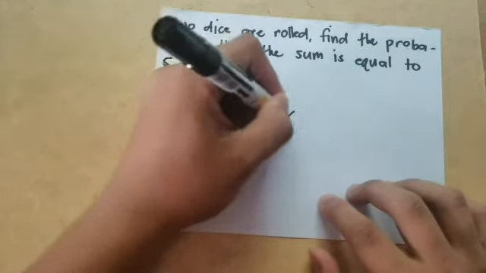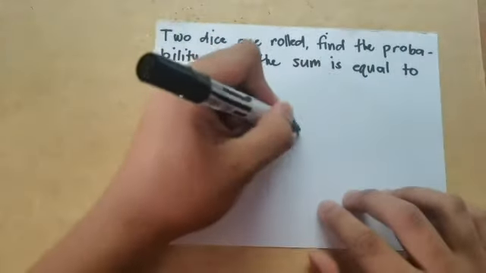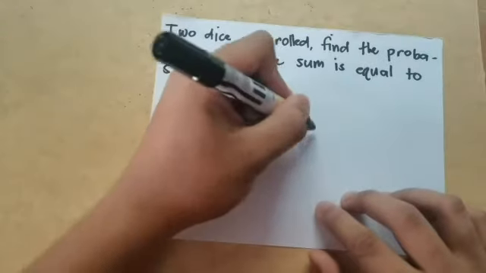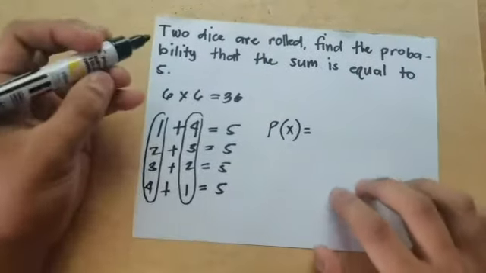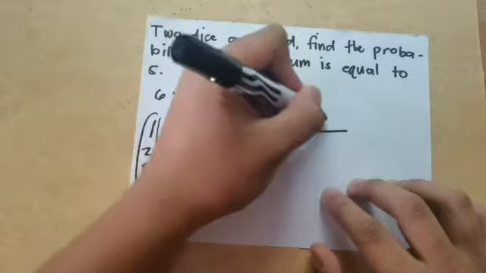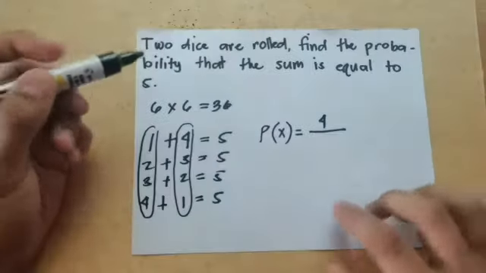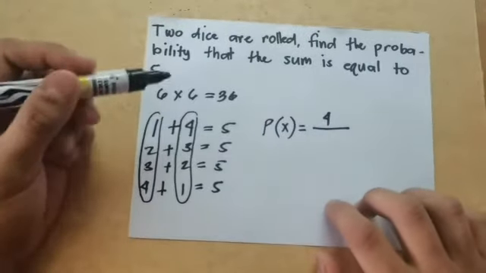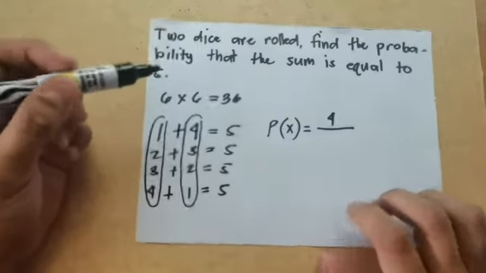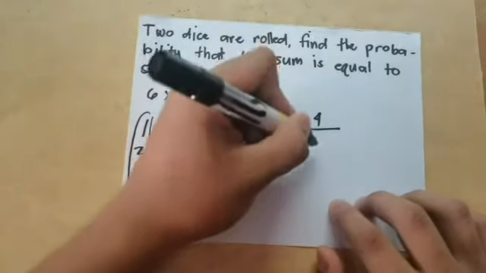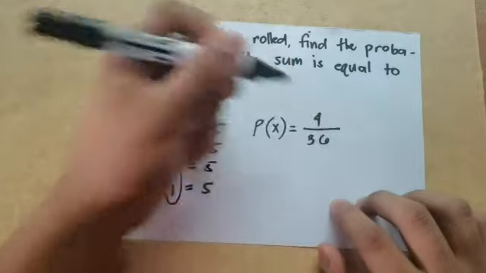So the probability that the sum is equal to 5 when 2 dice are rolled is equal to 4, the number of favorable outcomes, over the total outcomes, which is 36.